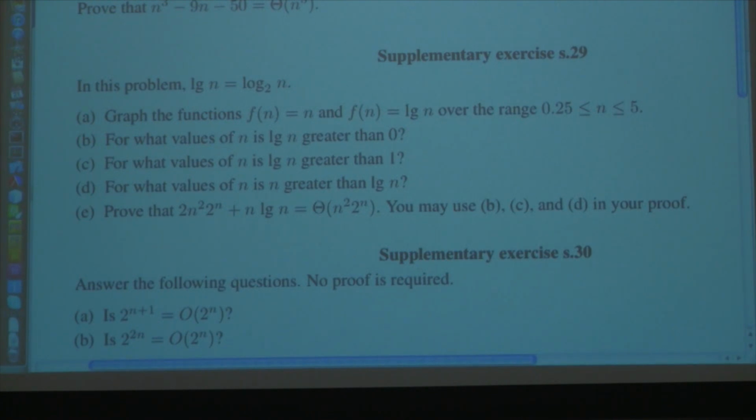So this is 0, this is 1, this is negative 1. This is n. Do that. Graph.